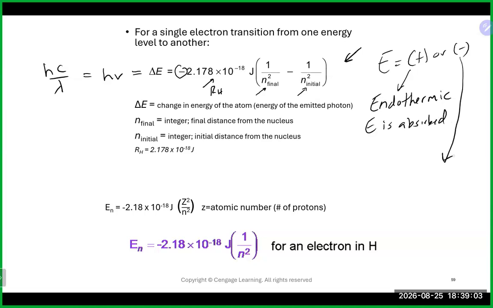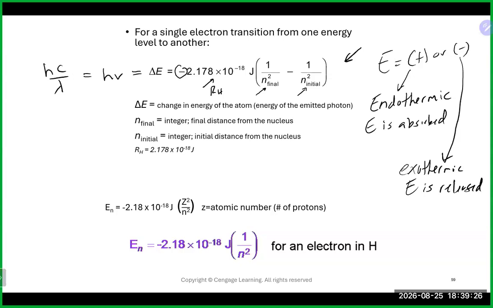If you have a negative value for energy, that is an exothermic process, and that is where energy is released. So that is also a very important aspect of it. So whenever in this class you are calculating energy and you end up with a negative number, you should keep it negative, provided you calculate it correctly. It should be negative because it tells people what's happening.